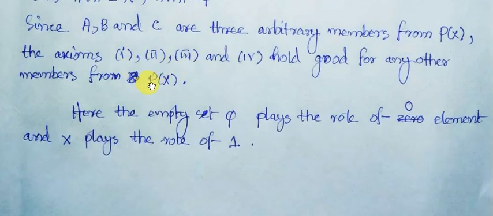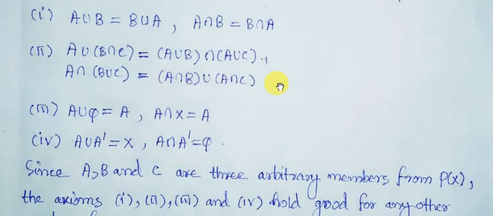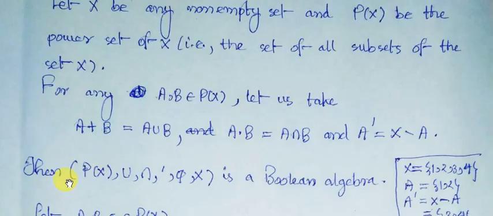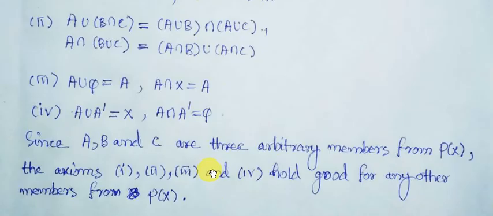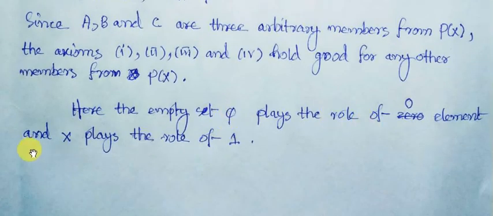So this is a Boolean algebra, P of X, comma, union, comma, intersection, comma, complementation, comma, phi, comma, X, as I have written here. Clear? And here phi plays the role of 0 element, that means the additive identity element, and X plays the role of the multiplicative identity element 1.